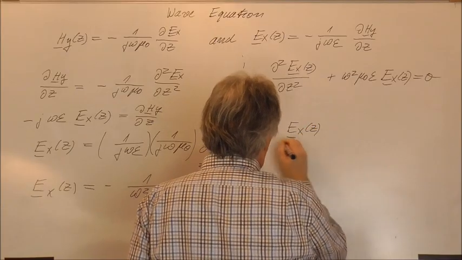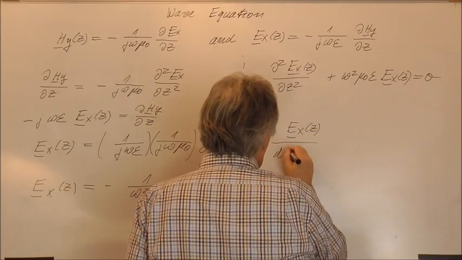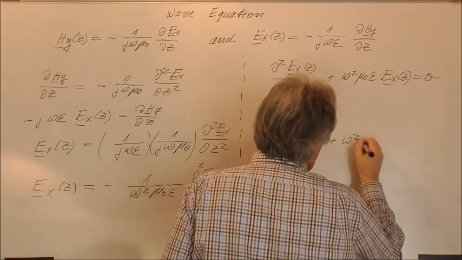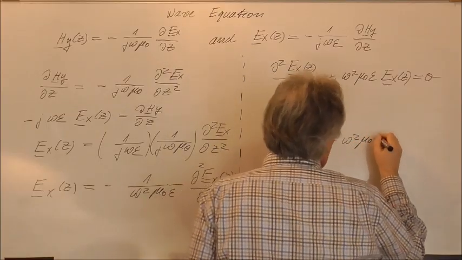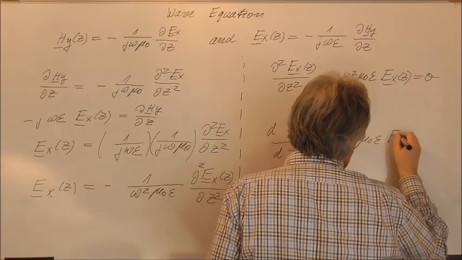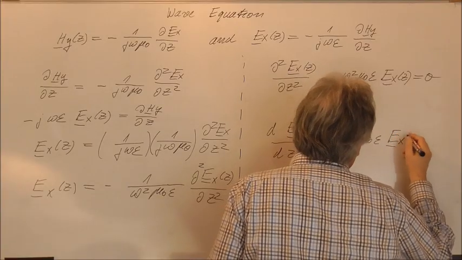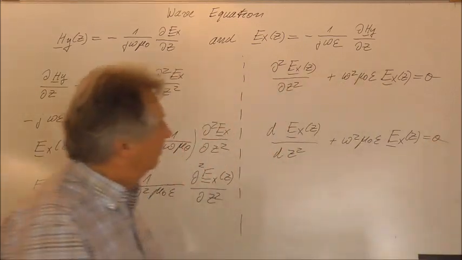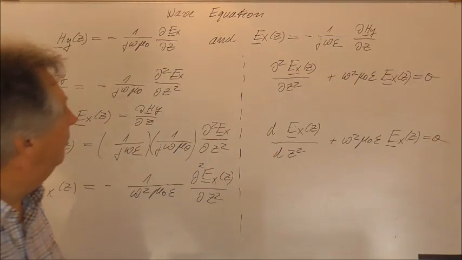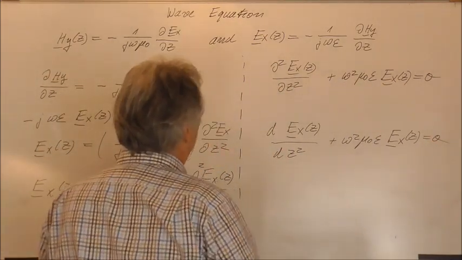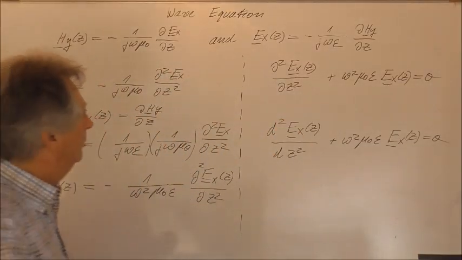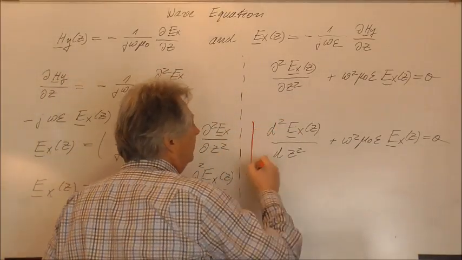So the second derivative of the function with respect to z squared plus omega squared mu naught epsilon times Ex of z must be 0. So this is our final differential equation.